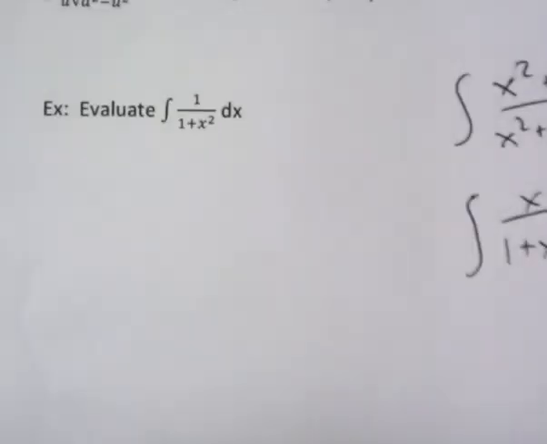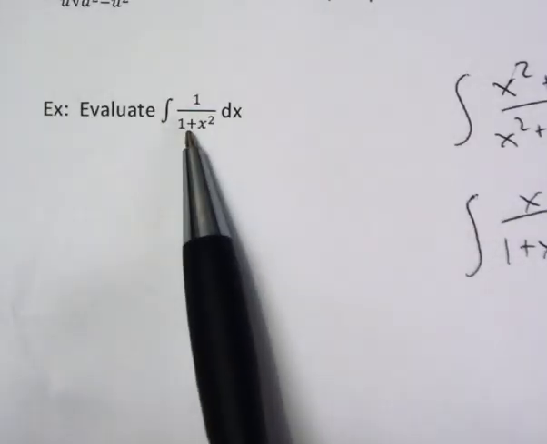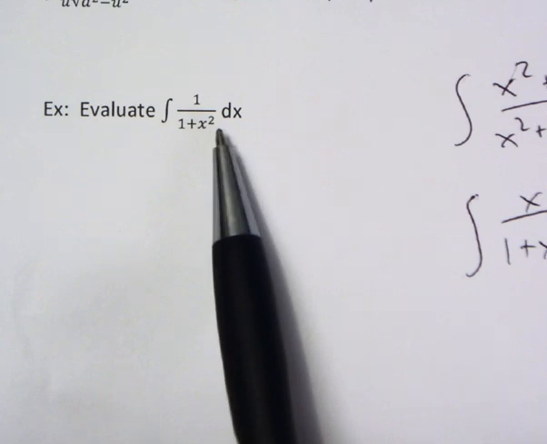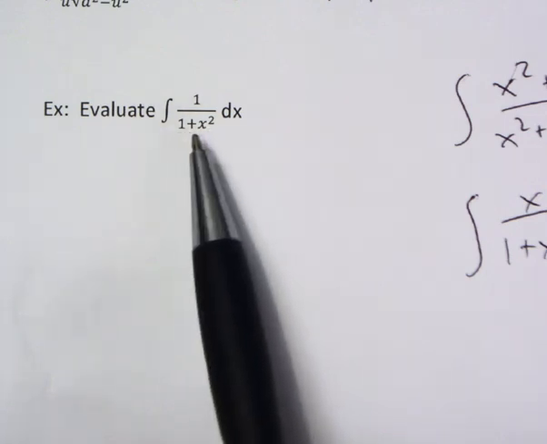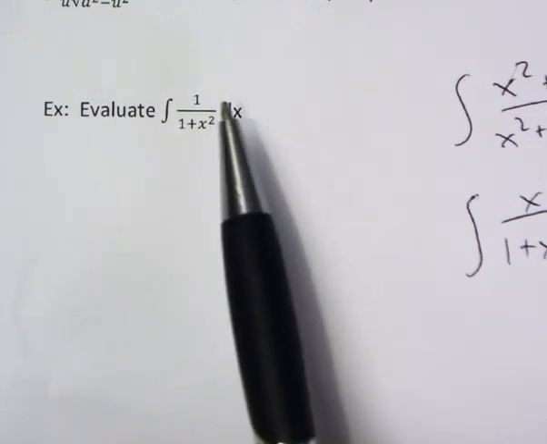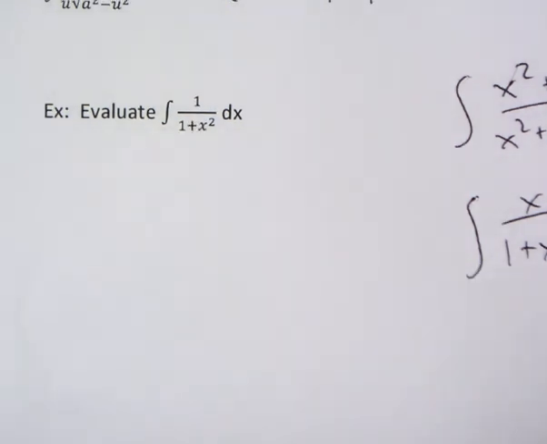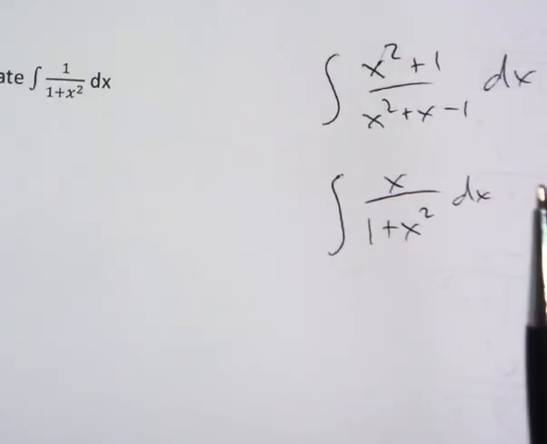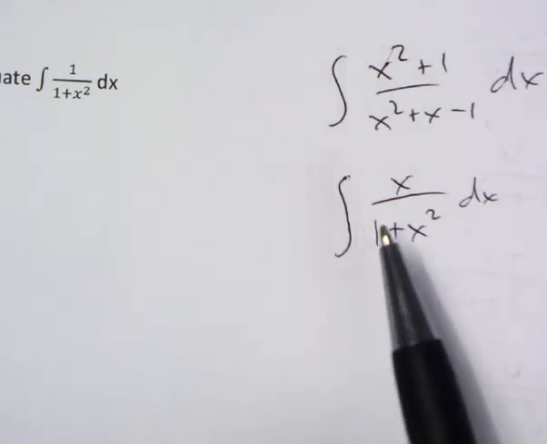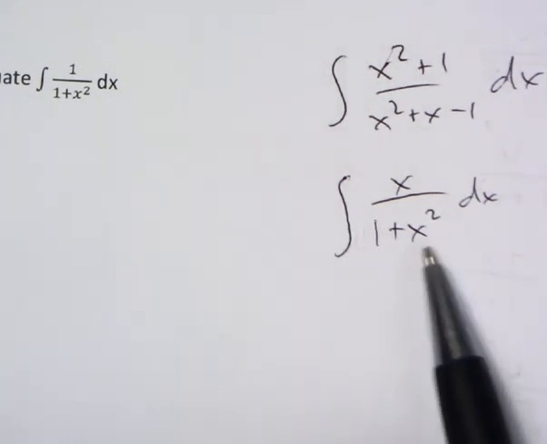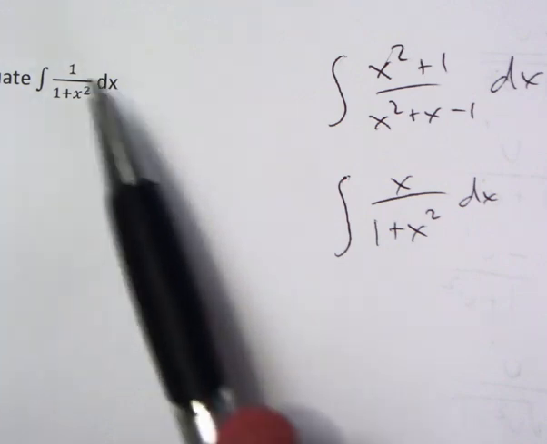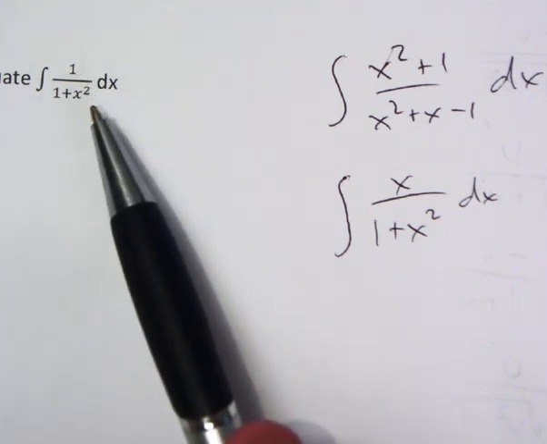But if I look at the example I gave, I can't do u substitution. Because if I have u be 1 plus x squared, the derivative is 2x, and then there's an extra x that I don't have on top or anywhere else. So what I'm trying to get at is I want you to look at the difference between u substitution, when you see x squared on bottom, and when I can't do u substitution right here, okay?